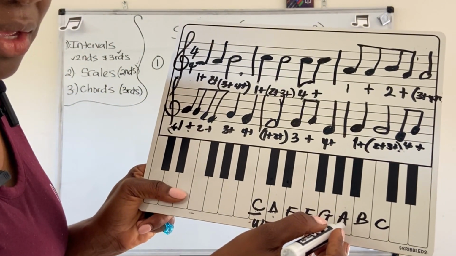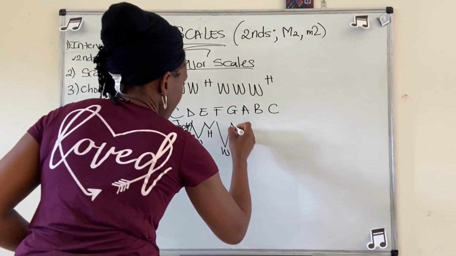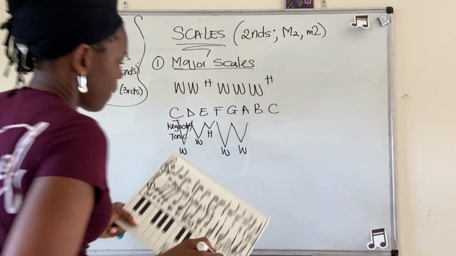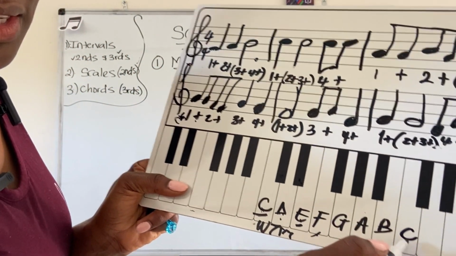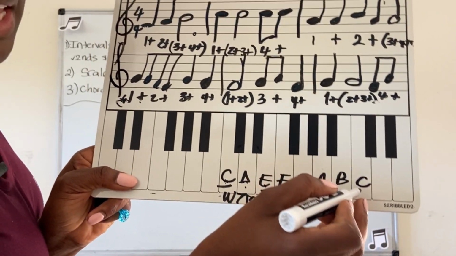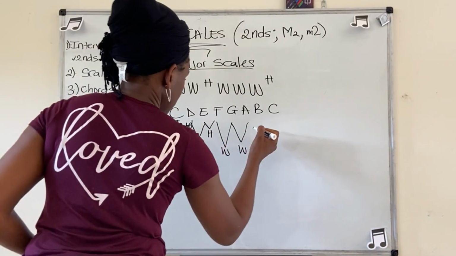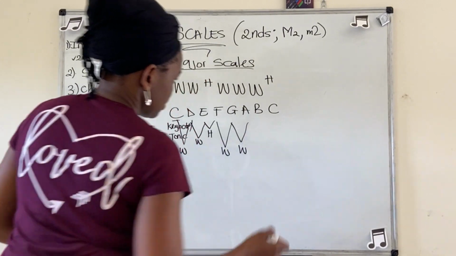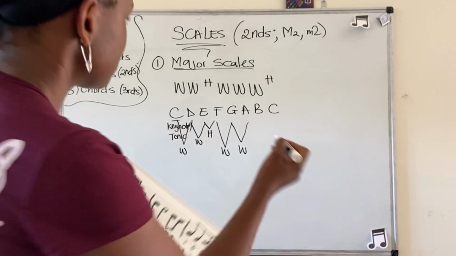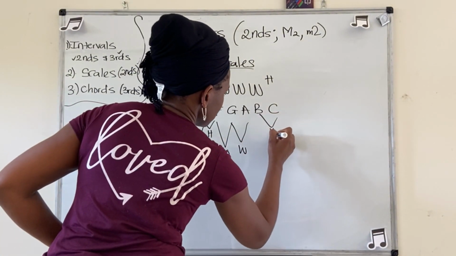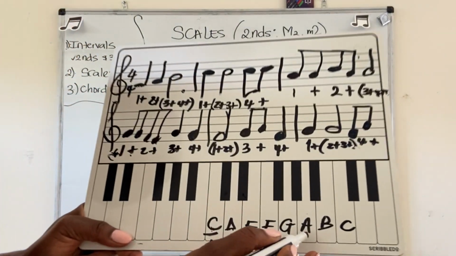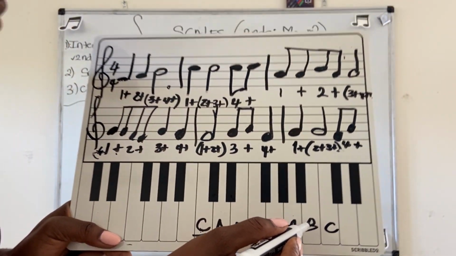A and B, whole note. B and C, is that a half note or a whole note? That's a half note. No, sorry, I skipped. B and C is a half note. But we skipped one. So A and B, what is that? A whole note.